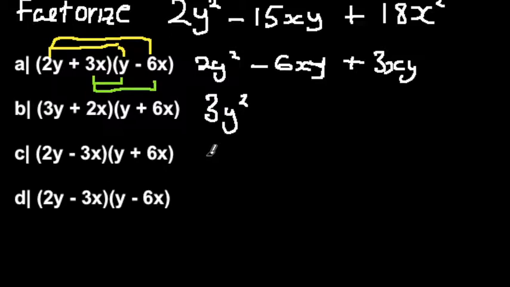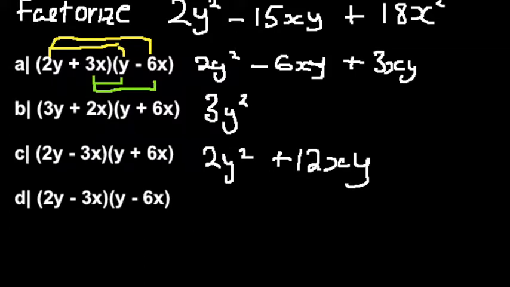For option C, we have 2y squared plus 12xy minus 3xy. And again, we don't need to go much further because these two combine to 9xy, and so we're not going to get the answer we're expecting.